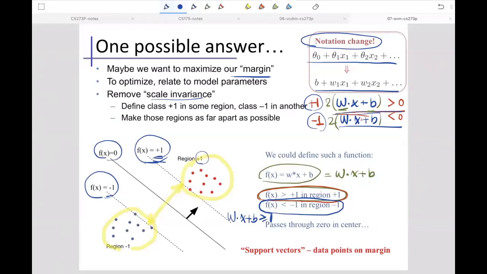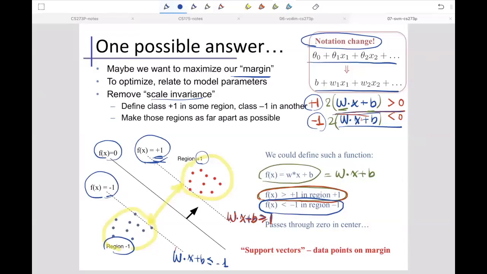So that's one side. And on the other side, if your data has the label -1, I want to make sure that all of them have W dot X plus B less than or equal to -1. That's the only difference I'm going to introduce to remove this scaling invariance, okay?